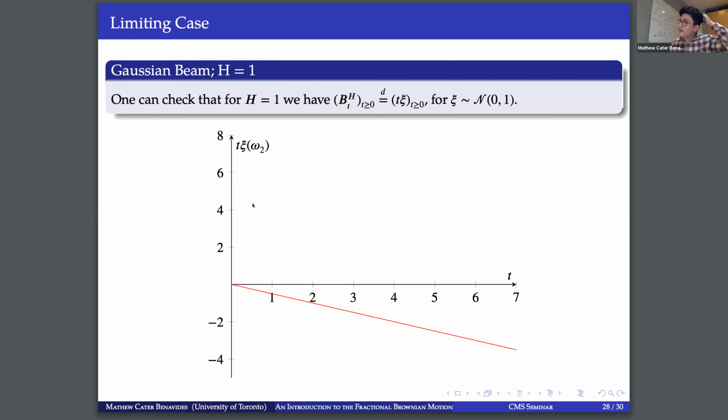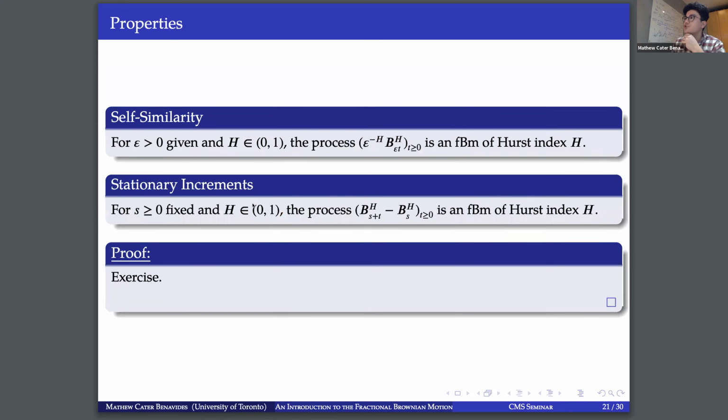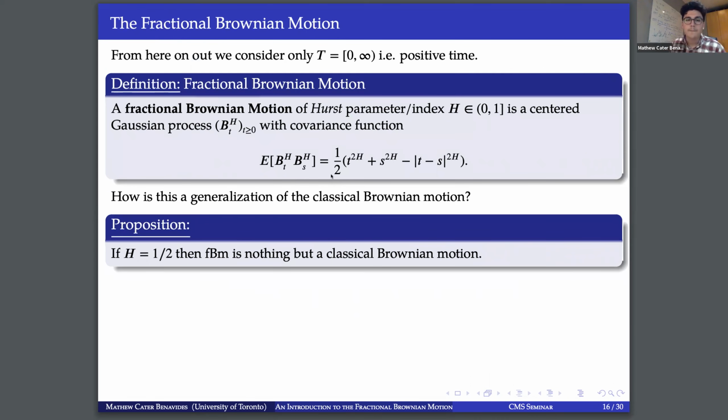Now, as for H equals 0, I will note that we only define the process for H from 0 non-inclusive to 1 inclusive. The process is actually undefined for H equals 0, in the sense that there is a theorem, and I can link the reference as well, that states that the existence of a centered Gaussian process with this covariance holds if and only if H is between 0 and 1.